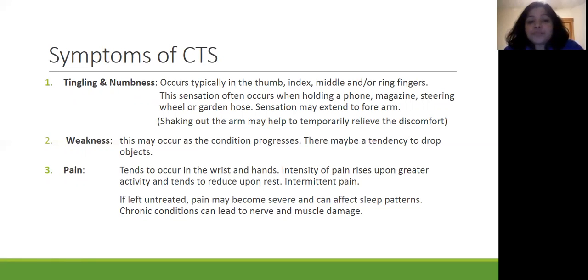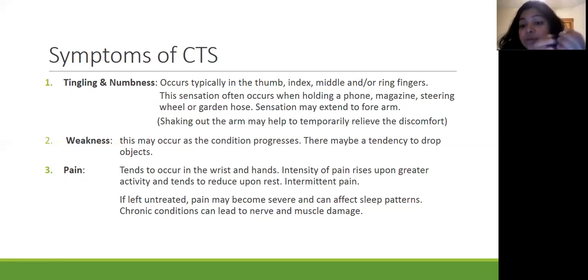Okay? So the sensation of the tingling and numbness, in this particular instance, is actually from compressing the nerve itself. That's why the person starts to lose the sensitivity of touch or the sensitivity of feeling in the fingers, leading to more numbness.